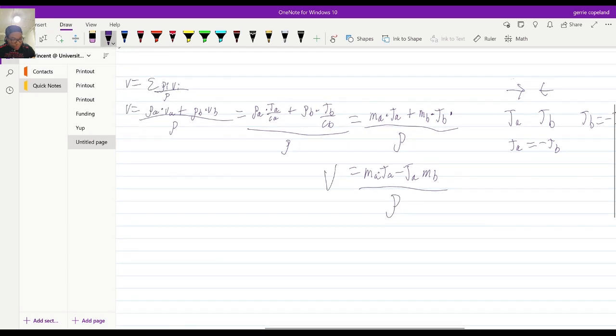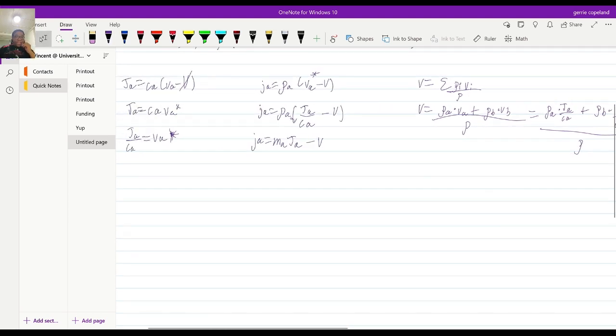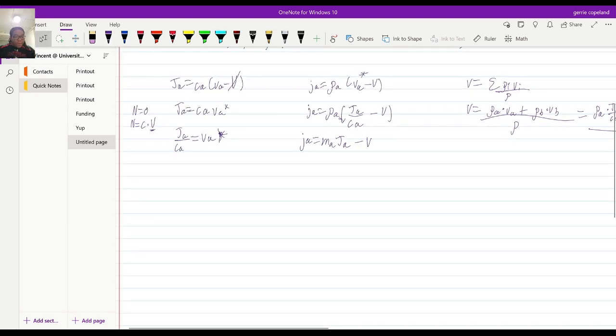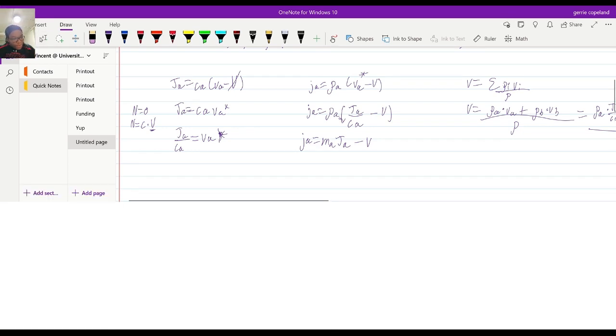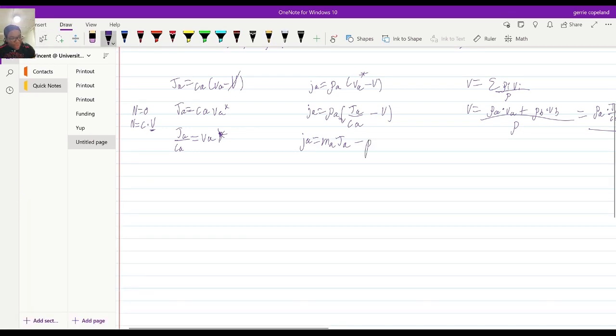Over density, that equals the mass velocity here. So we're going to plug that right back in. I didn't fully distribute that. So here we are back in there.